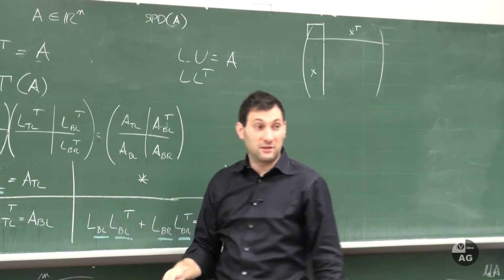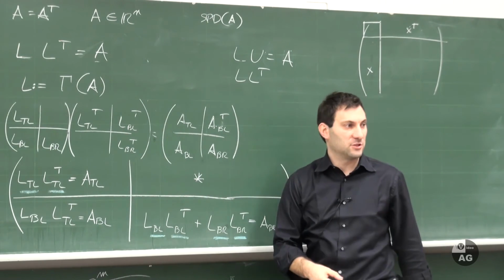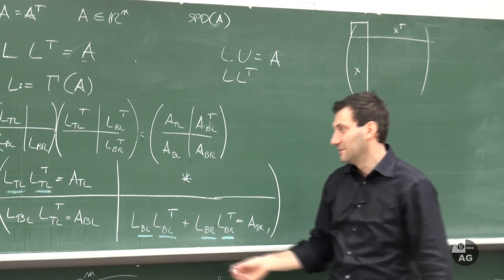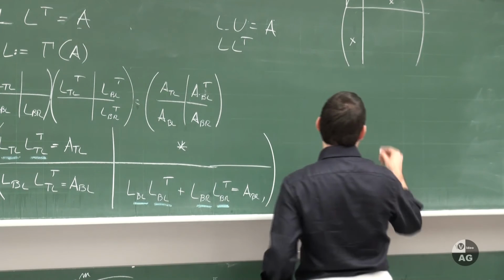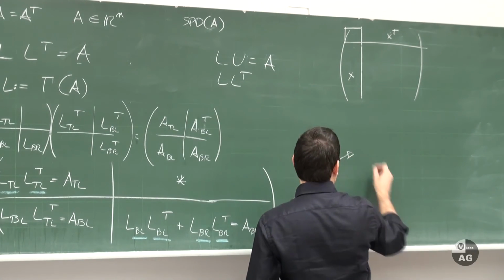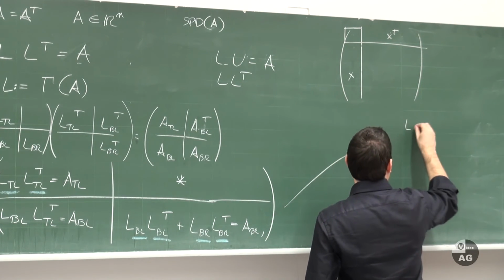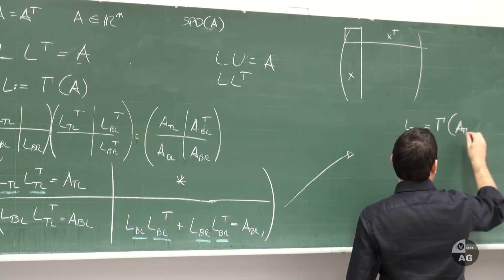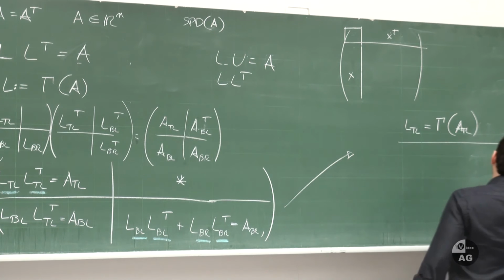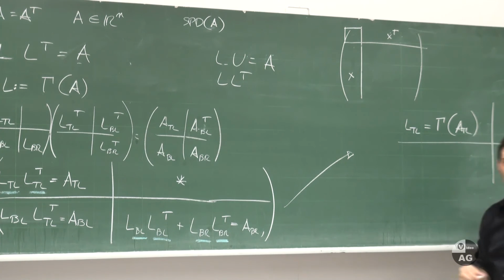So yes, A top left is symmetric. Is it symmetric positive definite? Yes. So that guy over there is a recursive call to Cholesky. We can rewrite this as L top left equals Cholesky of A top left. That's a really nice start. I like that.